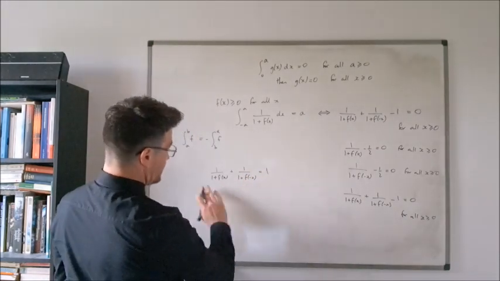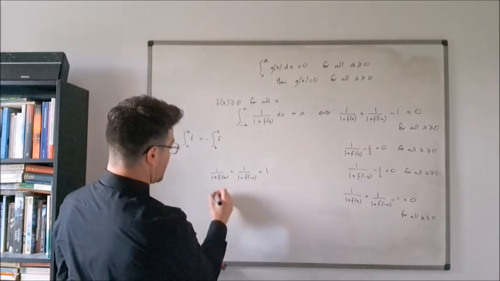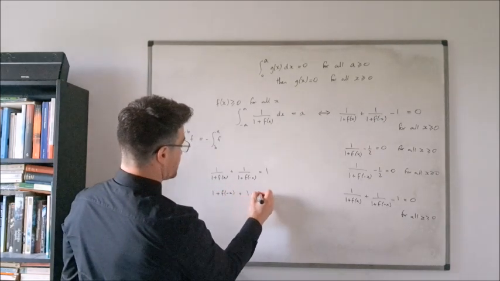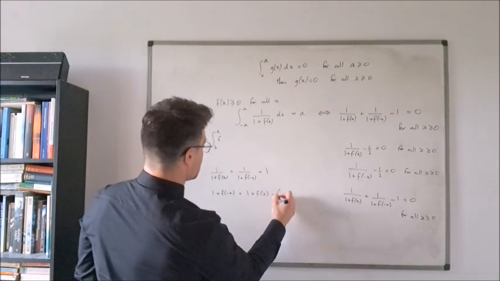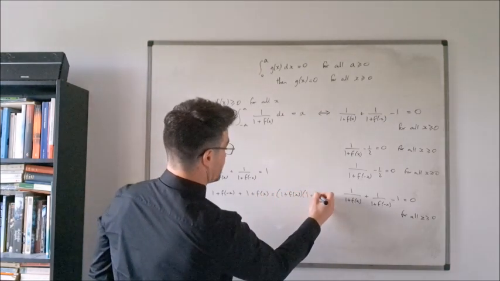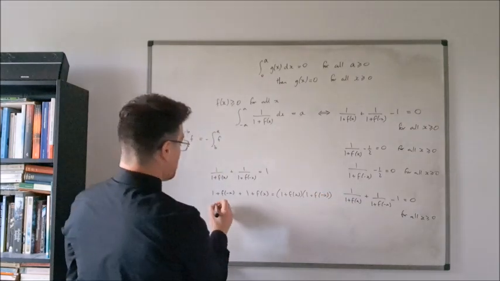Multiply through by these two denominators here, so you get 1 plus f of minus x plus 1 plus f of x is equal to the product of 1 plus f of x, 1 plus f of minus x.